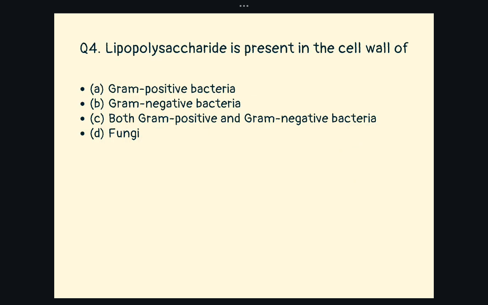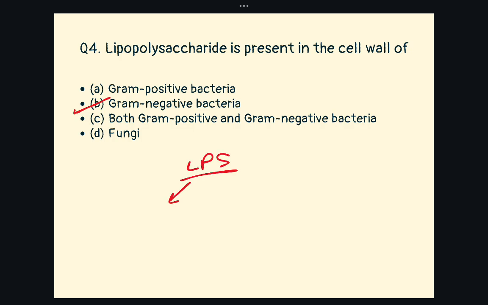Lipopolysaccharide is present in the cell wall of, very easy question, very basic. Lipopolysaccharide, LPS, is a unique component found in the outer membrane of gram negative bacteria. Now LPS has three main parts.